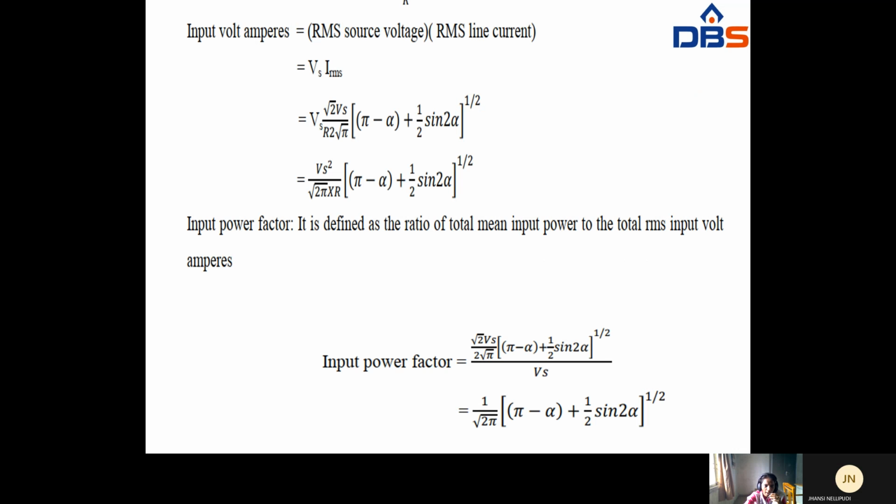Next, the input volt ampere. Input volt ampere equals the RMS source voltage into the RMS line current. RMS source voltage means Vs and RMS line current means IRMS.